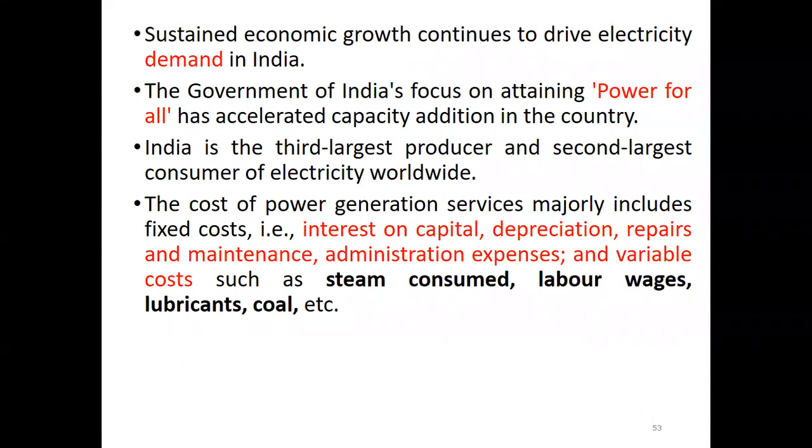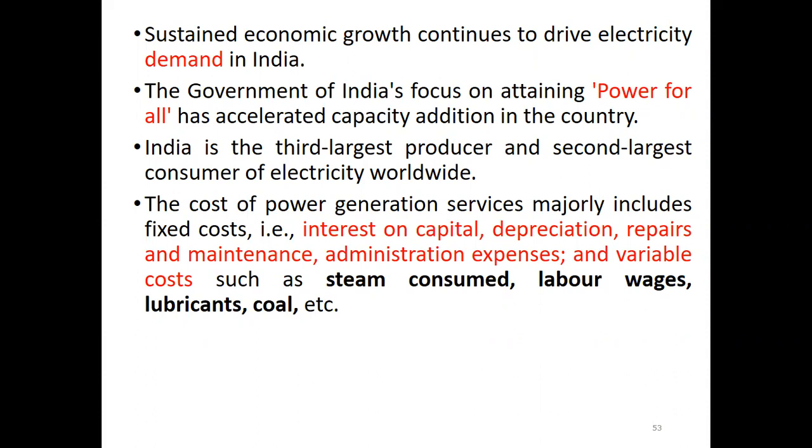Now the Government of India is focusing on attaining power for all, which has accelerated capacity addition in the country. Nowadays we are finding other sources to generate power, because without power, nothing happens. India is the third largest producer and second largest consumer of electricity in the world. So by satisfying our own demand, we can also have the capacity to export our power and energy to outside countries.